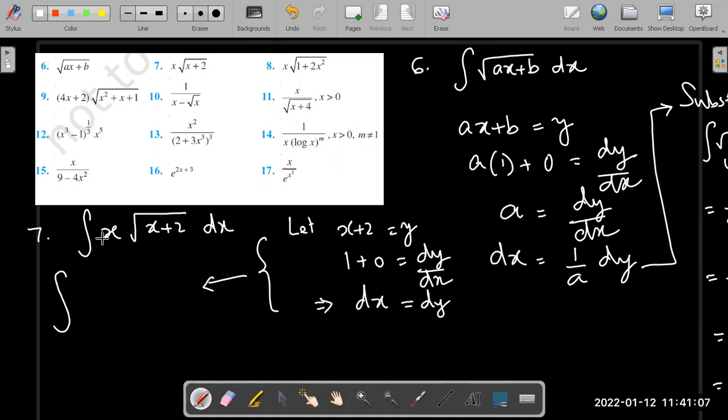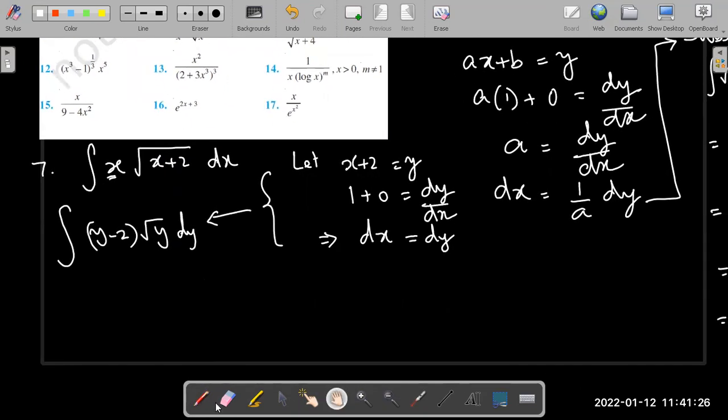Now, time for substitution. What do I substitute x as? I substitute x as y minus 2. And this one is root y. dx is dy. Wait, x plus 2 is root y, how?